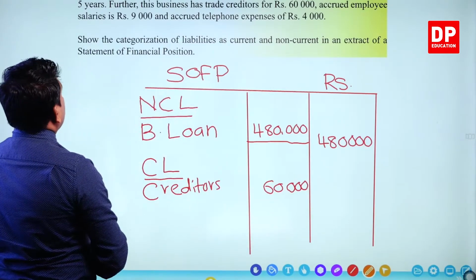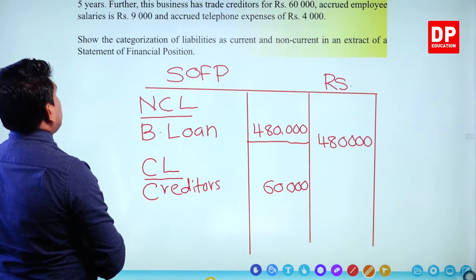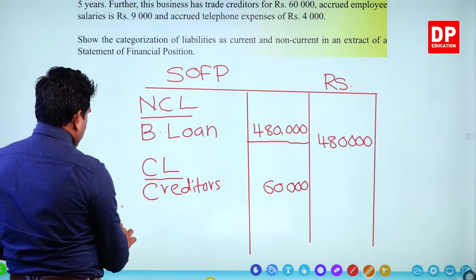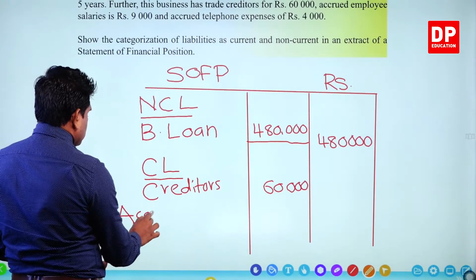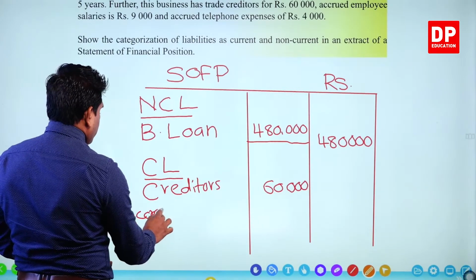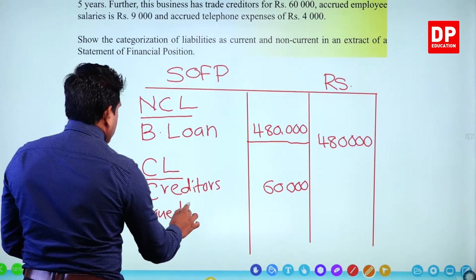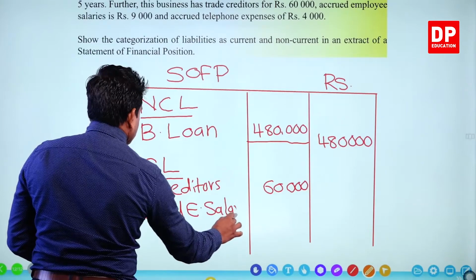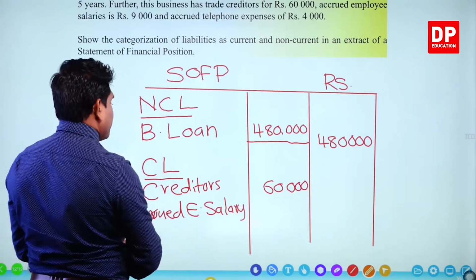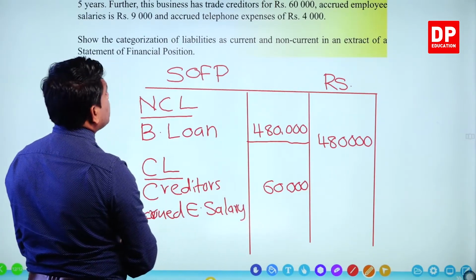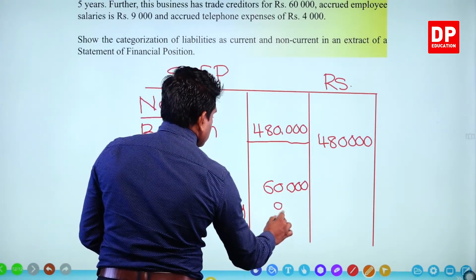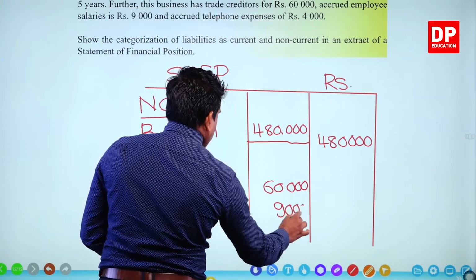Now, accrued employee salary. E-salary means employee salary. I use short words here, right? How much? 9,000. Okay.